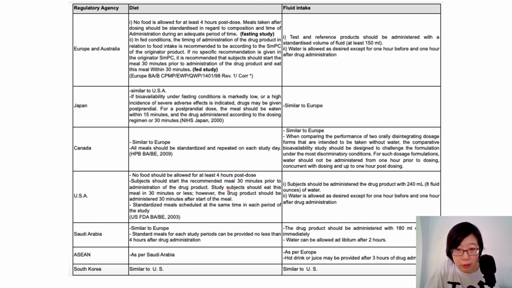Some will say start recommendation for 30 minutes prior to administration of product. This is for fed state. Every meal should be standardized and repeated the same every day, right? But normally we can have some variation as long as the calorie intake is standardized. So again, everyone says that you must standardize your meal and your water intake, right?